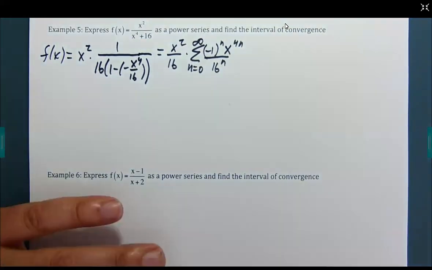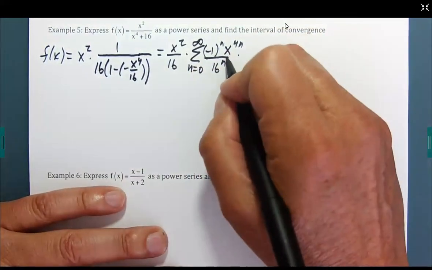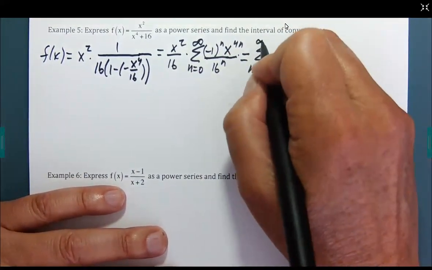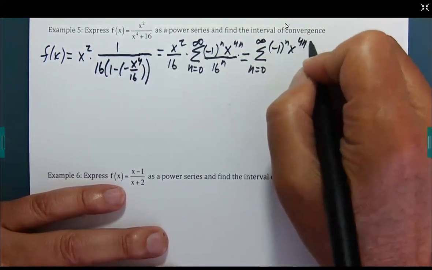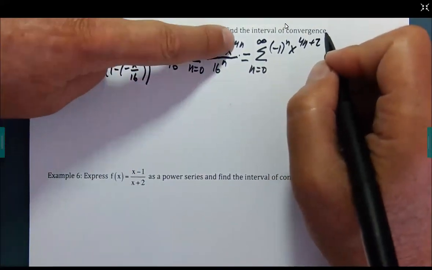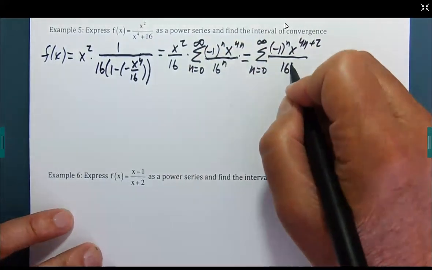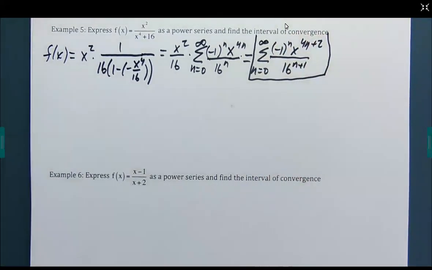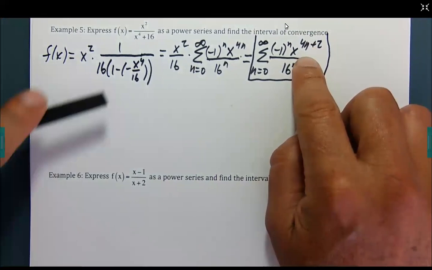And I'm going to bring in the x squared to here, make it plus 2, and then plus 1 down here with the 16s. So negative 1 to the n, x to the 4n plus 2, over 16 to the n plus 1. And that is my power series. It represents that crazy function. Again, remember, this is just a polynomial representing this function here.